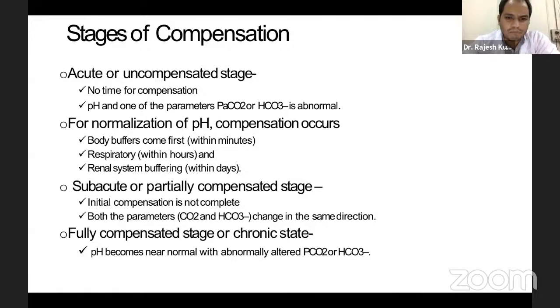Partially compensated means the compensation process is incomplete and both parameters will change in the same direction. And in the compensated stage or chronic stage, pH will be near normal or can be normal. We see here the word is near normal, with altered PCO2 and bicarb.